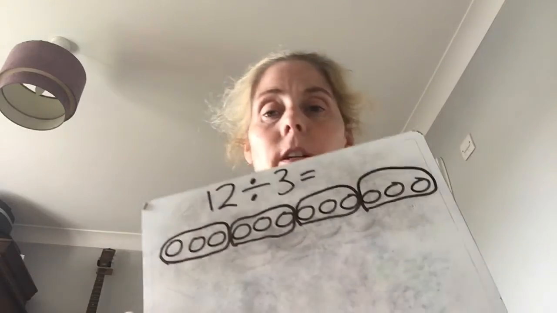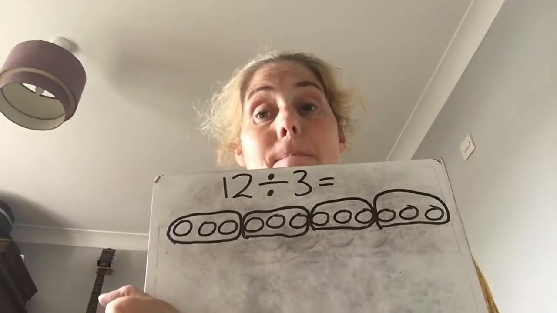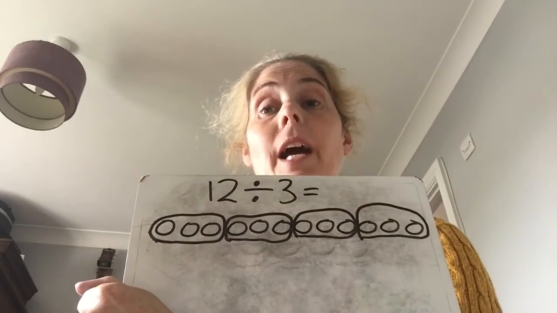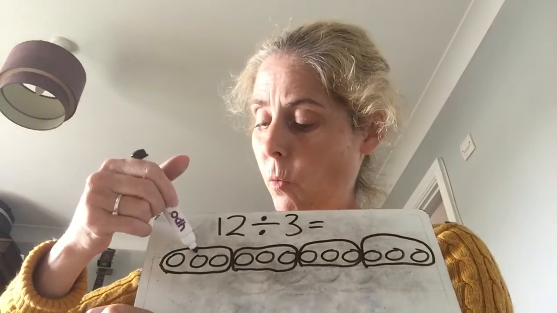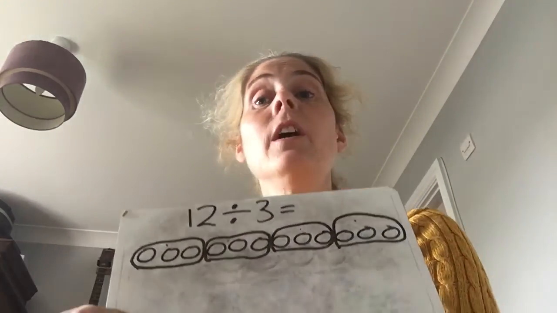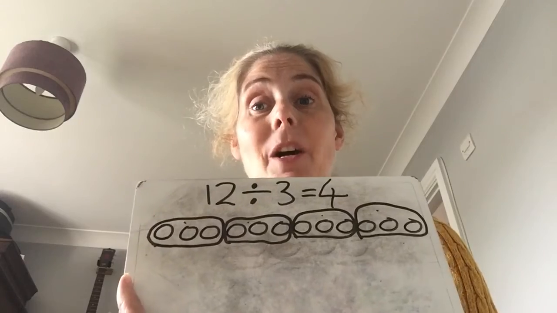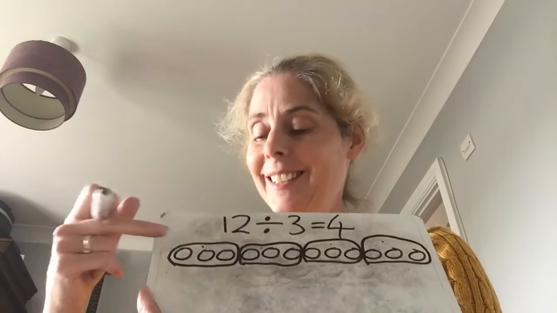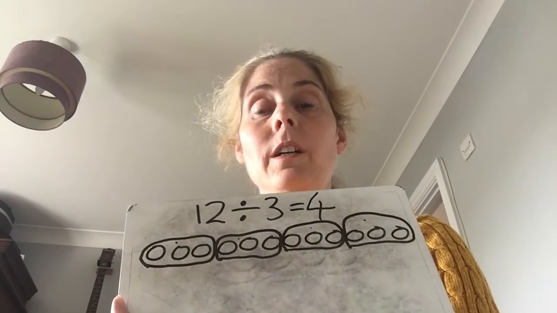Group it off. 1, 2, 3. Group it off. Then to find the answer, we count how many groups we've got. 1, 2, 3, 4. So I have 4 groups. That is my answer. Did you get the same answer? 12 divided by 3 equals 4.